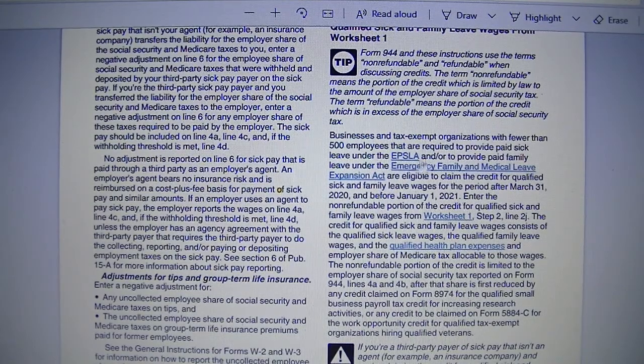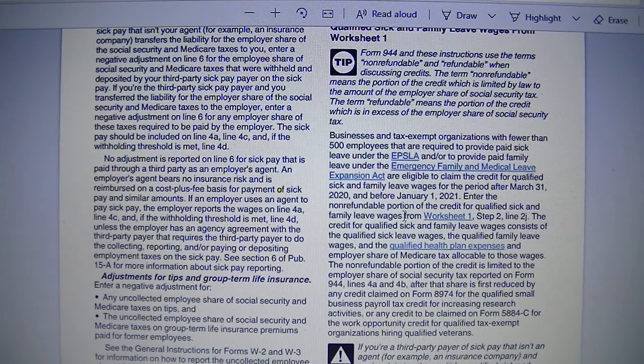So some of them are required to pay sick leave, and they are eligible to claim a credit for qualified sick and family leave wages for the period after March 31st, 2020 and before January 1st, 2021.